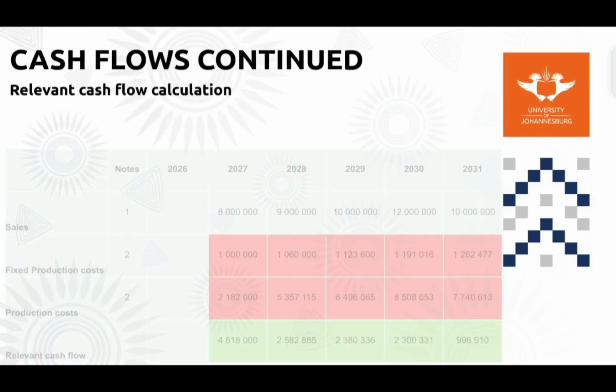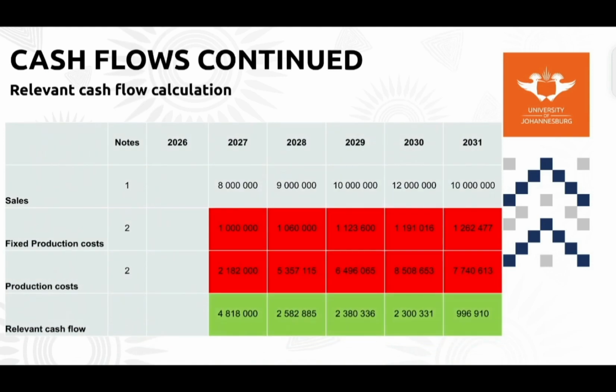Okay, continued. Now we are looking at finding the relevant cash flows so that we can calculate them in order for us to get to the tax calculation, right? The tax calculation is hinged on our relevant cash flow. What is our relevant cash flow? It would be our sales less all our costs.